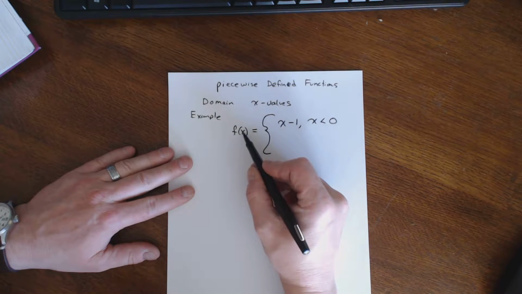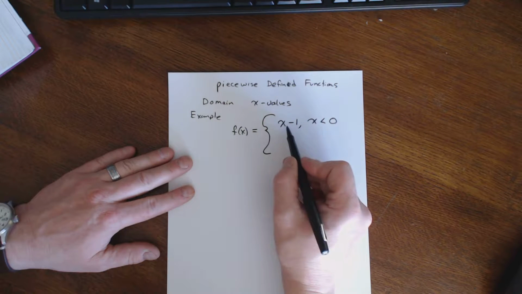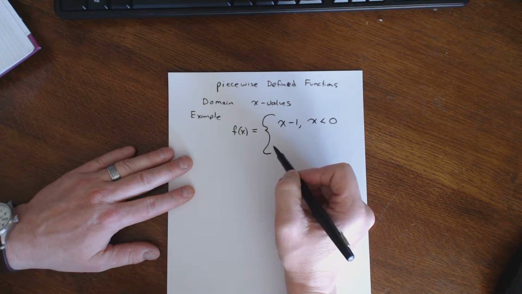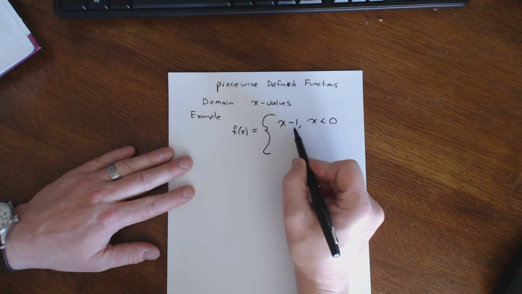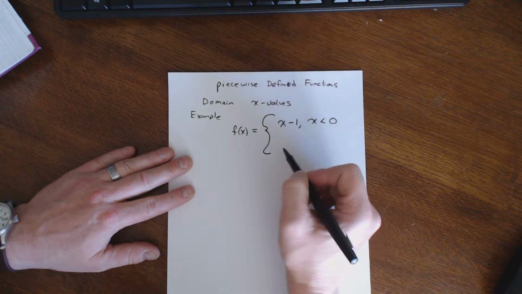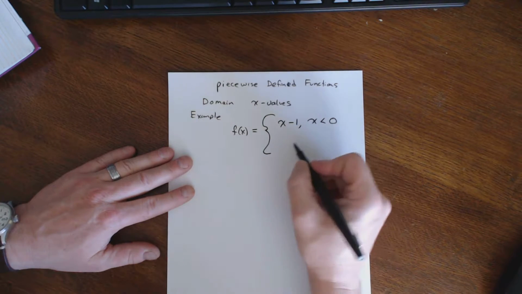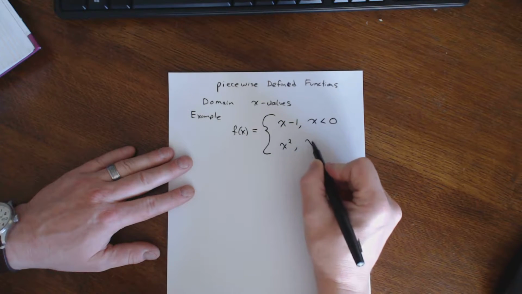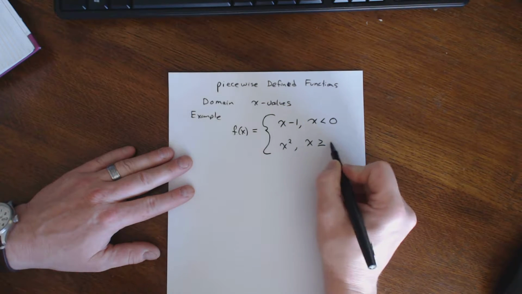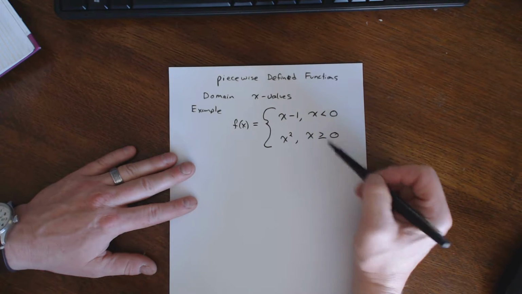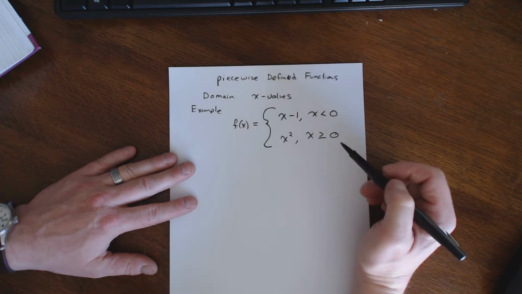So for all intents and purposes, this is a line with a y-intercept at -1 and a slope of 1. But this line only exists when x is less than 0. We can define a different piece and we can say x squared when x is greater than or equal to 0. And so we've split our domain into two different pieces.